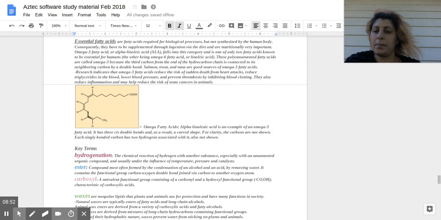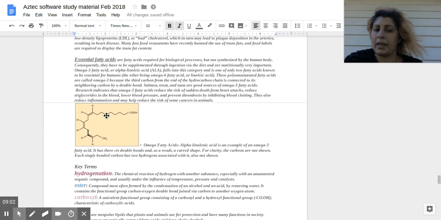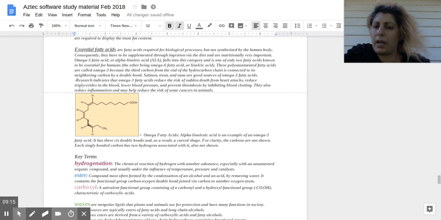So the key terms: hydrogenation is the chemical reaction of hydrogen with another substance, especially with an unsaturated organic compound, and usually under the influence of temperature, pressure, and catalysts. An ester is a compound often formed by condensation of alcohol and an acid by removing water. It contains the functional group carbon-oxygen double bonds joined via carbon to another oxygen atom.